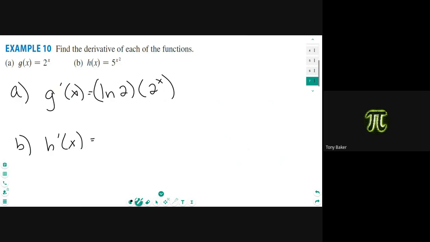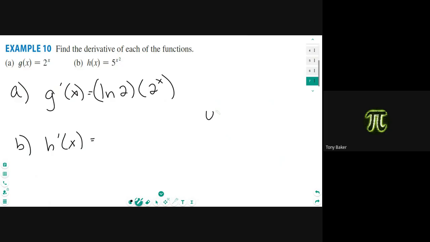Now, b. I have to do an extra step. Why do I have to do an extra step for this one? Because it's x squared, because of that x squared right there.